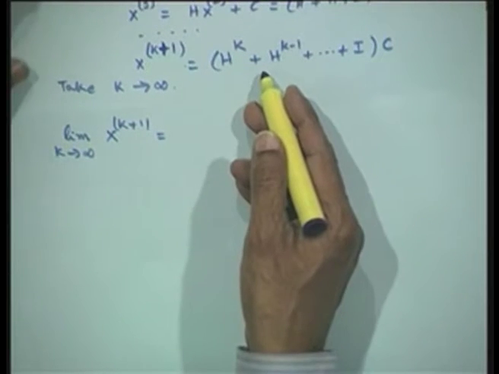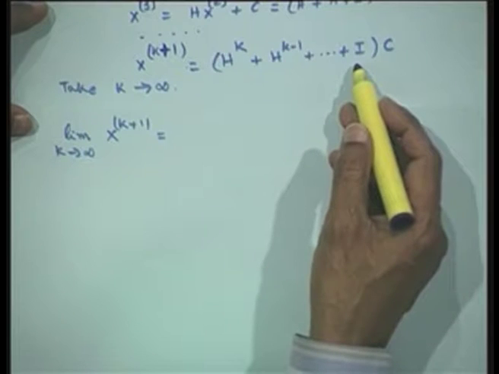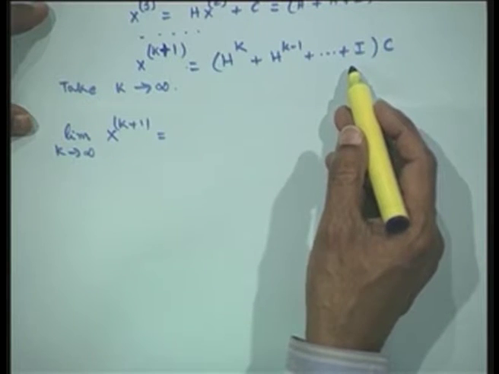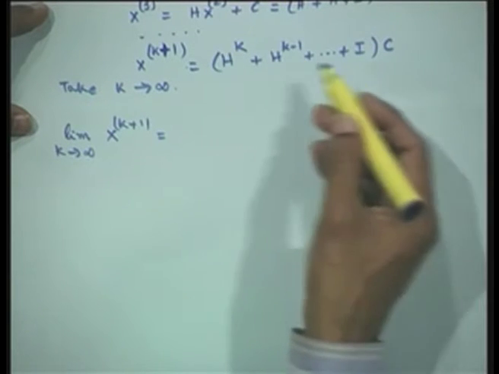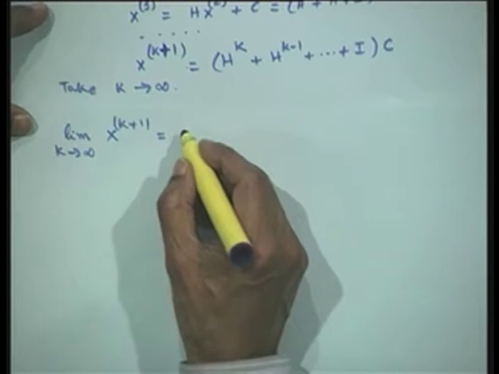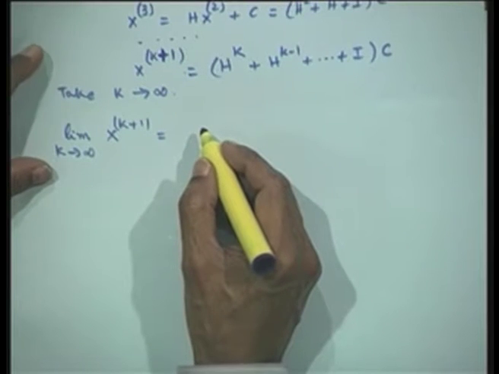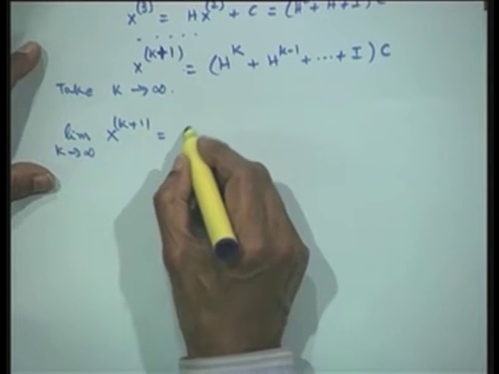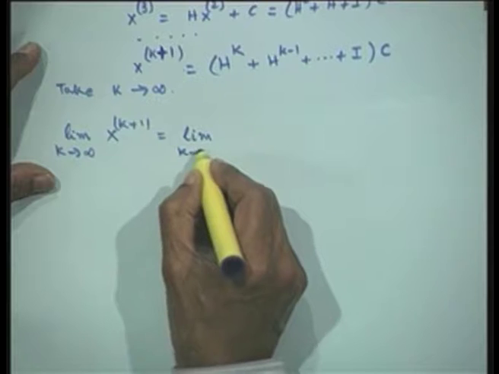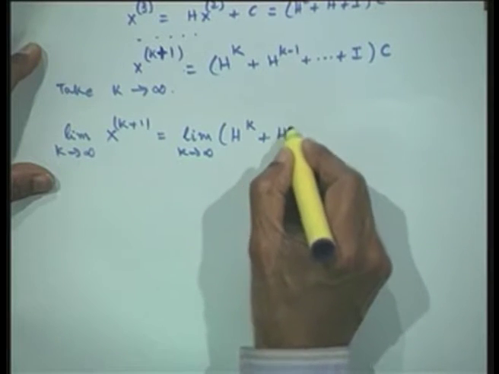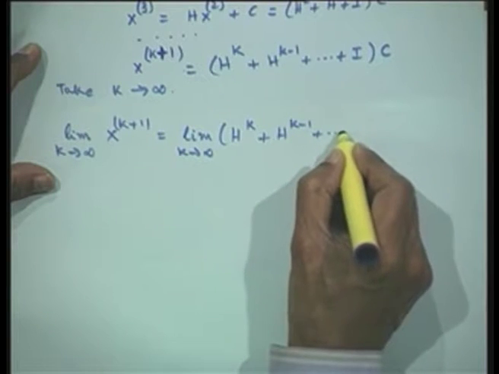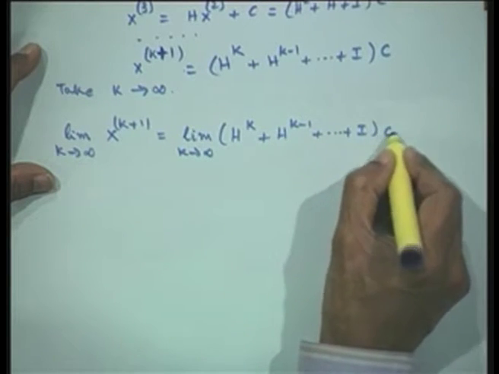Now, this result we have just now proved that this converges if norm of h is less than 1 or spectral radius is strictly less than 1. Therefore, this is equal to limit k tending to infinity h to the power of k, k minus 1, of c.